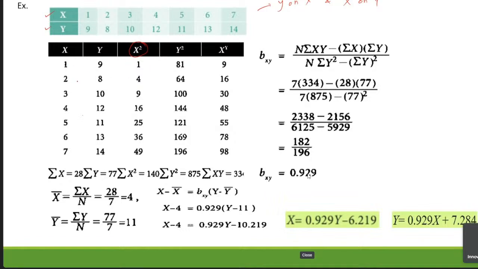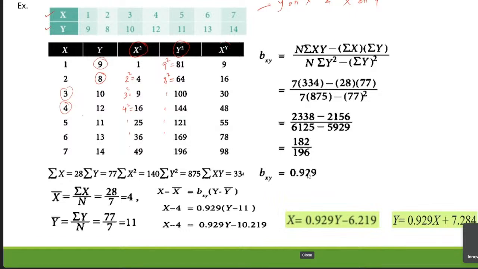You can see 1, then 2 square equal to 4, 3 square equal to 9, and now 4 square is equal to 16, and so on. Similarly, y square values you need to calculate. The first y value is 9, so 9 square is 81, 8 square is 64, and so on.